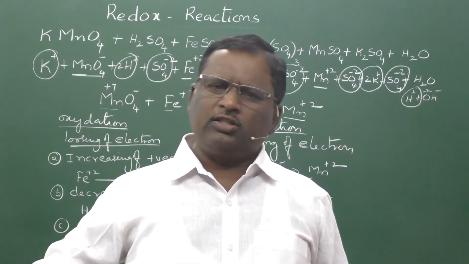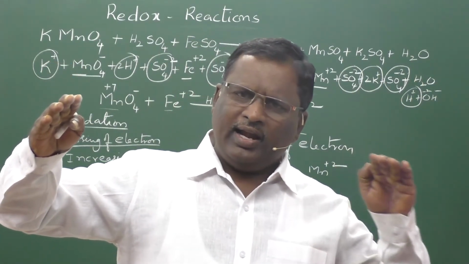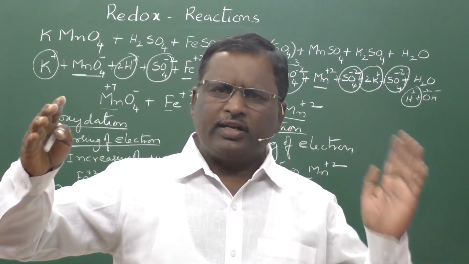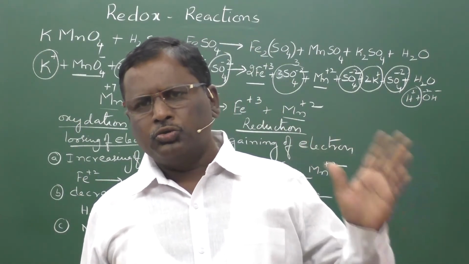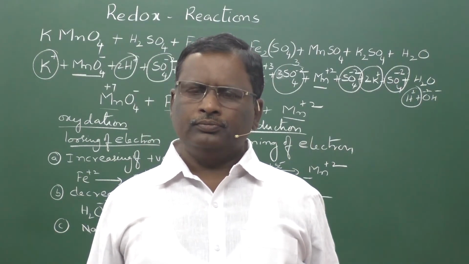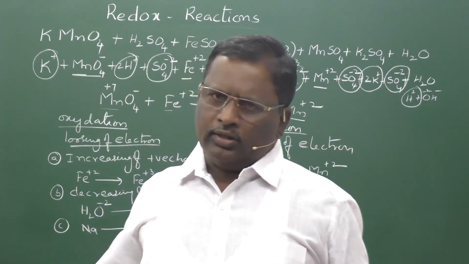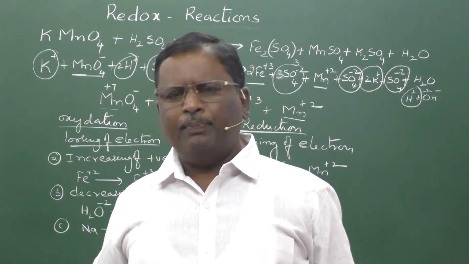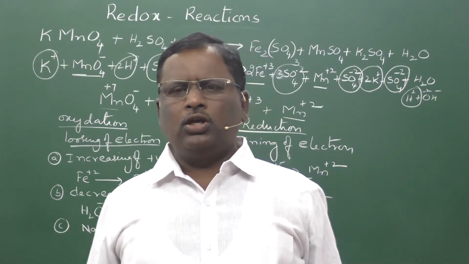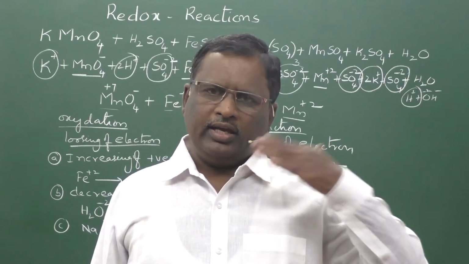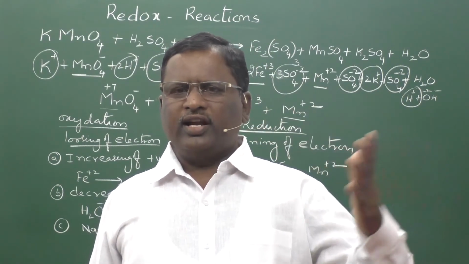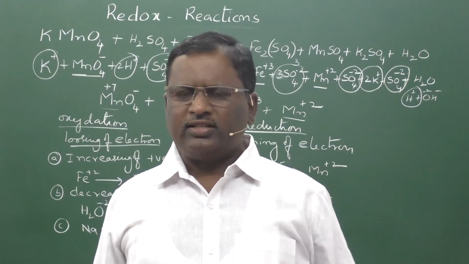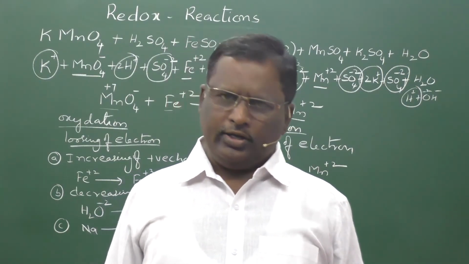If positive charge is more on the reactant side and less on the product side, it means it absorbs some electrons, and then we consider it as reduced. Similarly, in all the other cases also, with the help of oxidation numbers, we come to a conclusion which species is oxidized or which species is reduced.